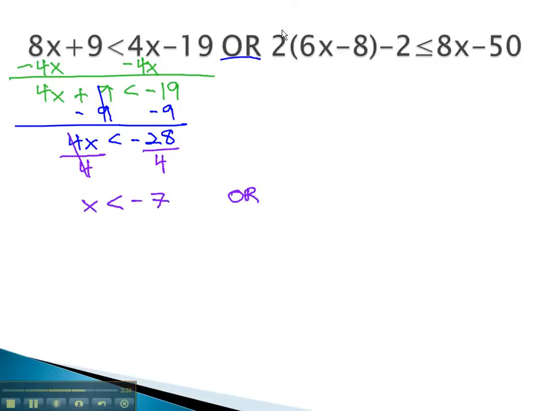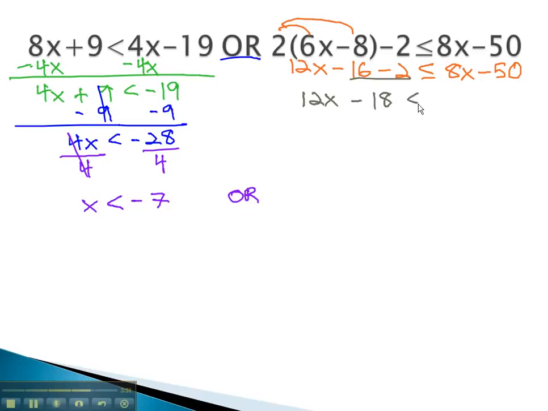Or, in the other equation, we must start by distributing to get 12x minus 16 minus 2 is less than or equal to 8x minus 50. Combining like terms, 12x minus 18 is less than or equal to 8x minus 50.